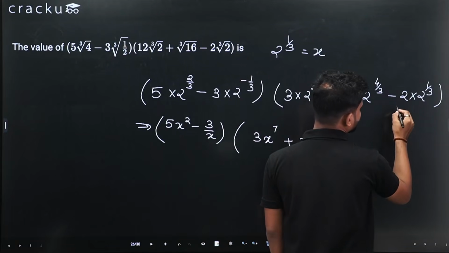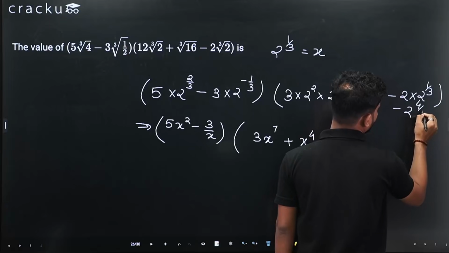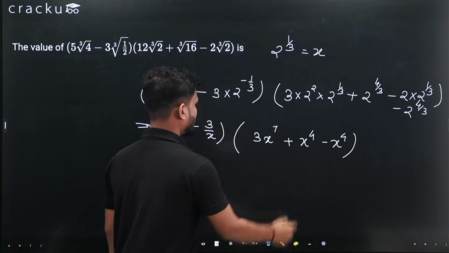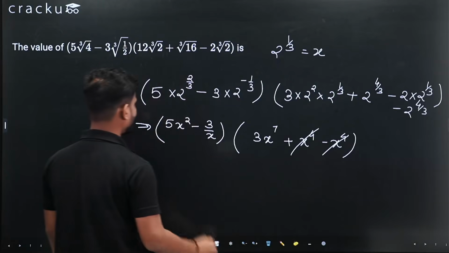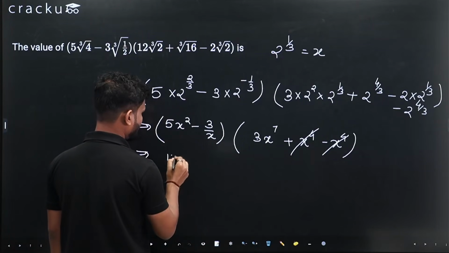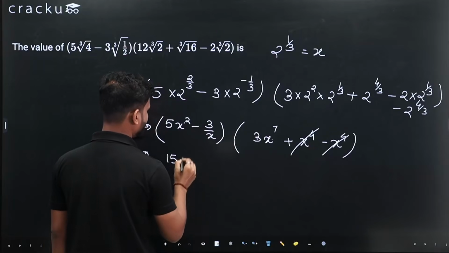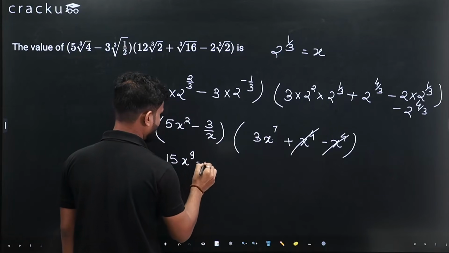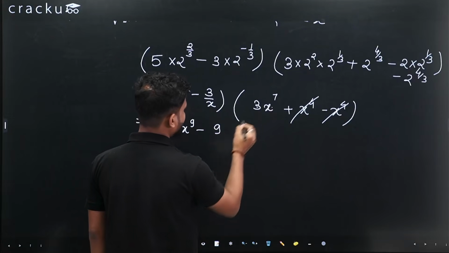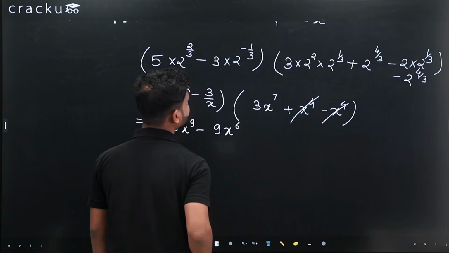What is this? This is nothing but 2 raised to 4 by 3, minus x raised to 4. From here, this and this will get cancelled. What do you get? You get 3 into 5, 15, x raised to 7 into x square, x raised to 9, minus 3 into 3, 9, 9 by x into x raised to 7, x raised to 6.